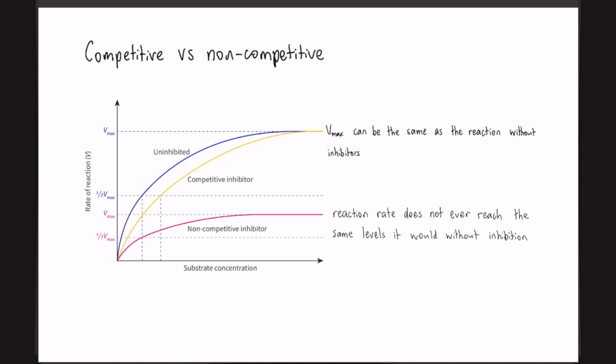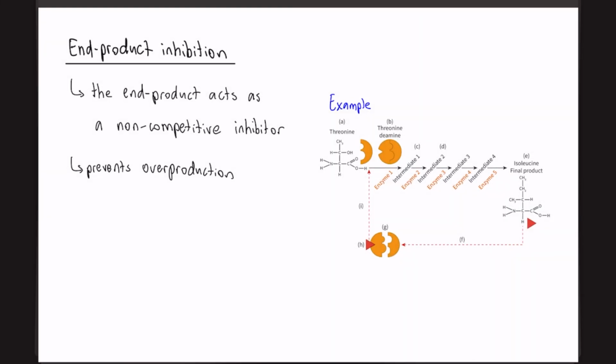Now we will be looking at two more cases, which are end product inhibition and mechanism-based inhibition. So for end product inhibition, the key concept is that the end product acts as a non-competitive inhibitor. So in these processes, it is used to ensure that cells manage their resources well.